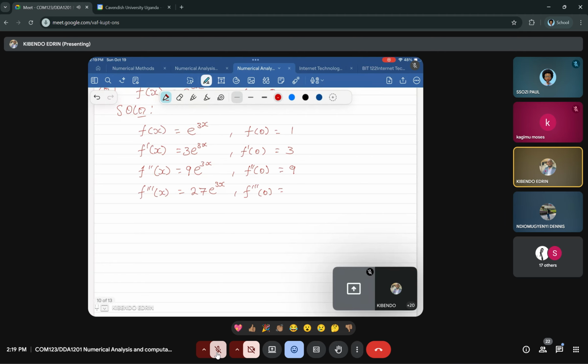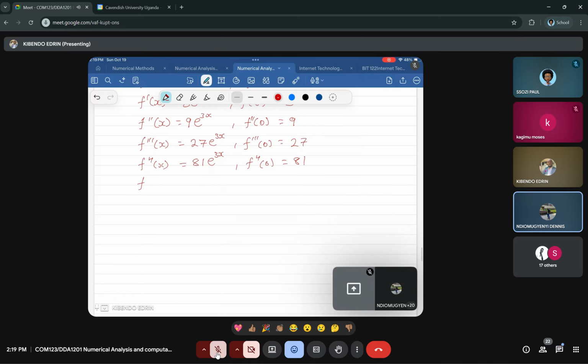Evaluate. Give me the answer. 81e to the 3x. Two, 4, 3.